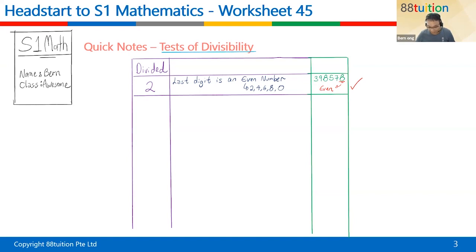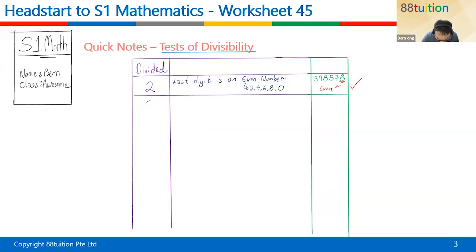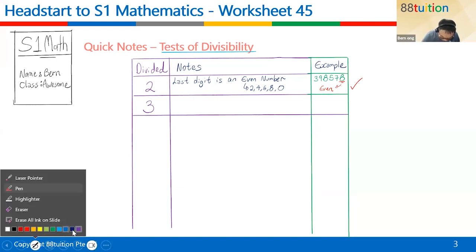Okay, so next one, divide by 3. This is very, very useful, children. Trust me. To determine whether a number can divide by 3 or not, I need you to add up the digits.